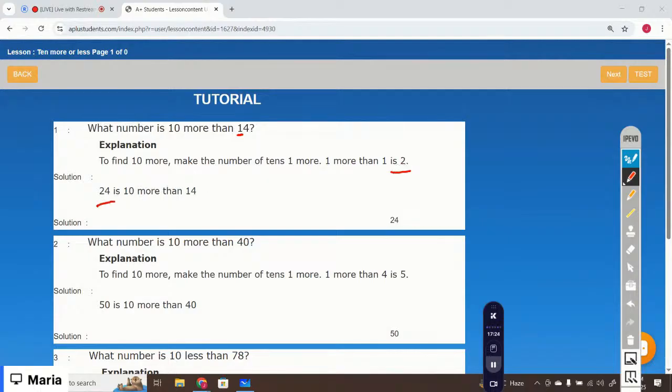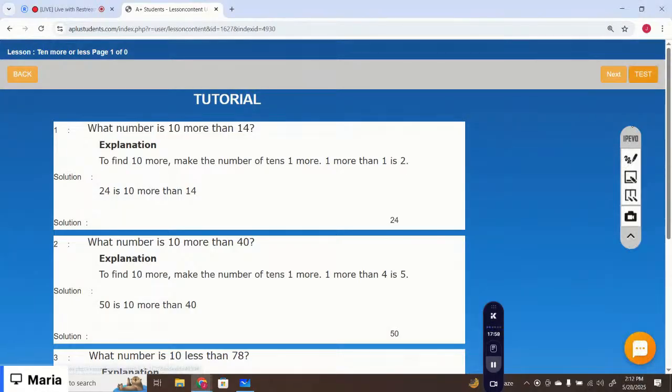So the tens digit is now 2. 24 is 10 more than 14. Let's just start with the test questions.